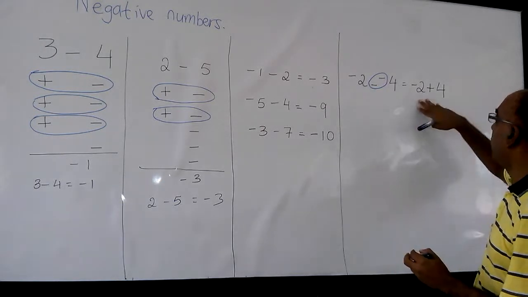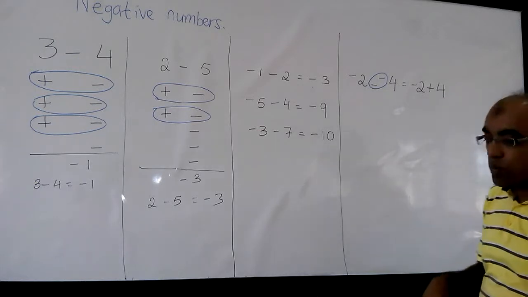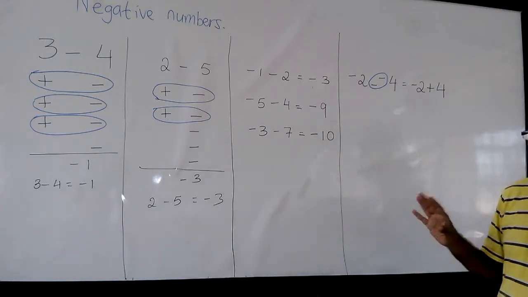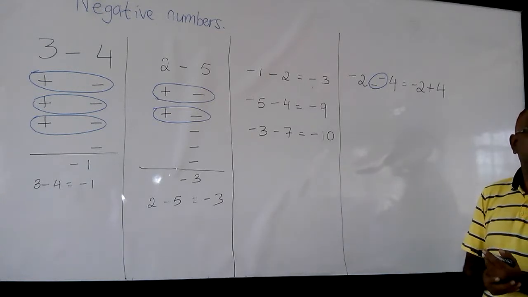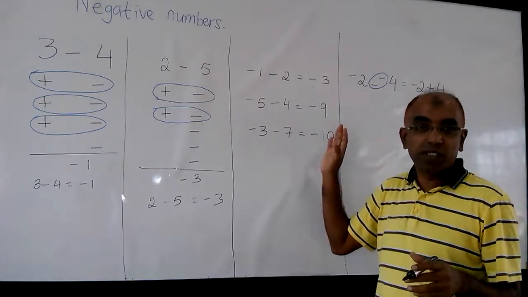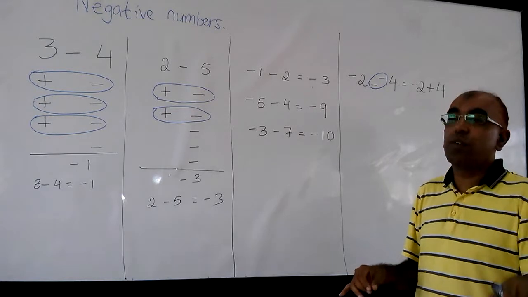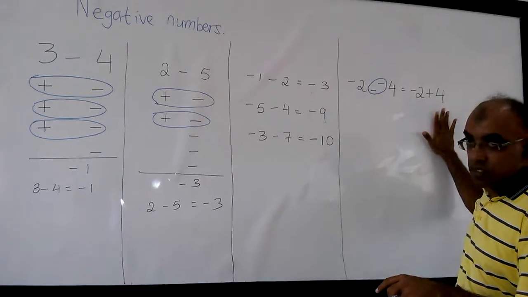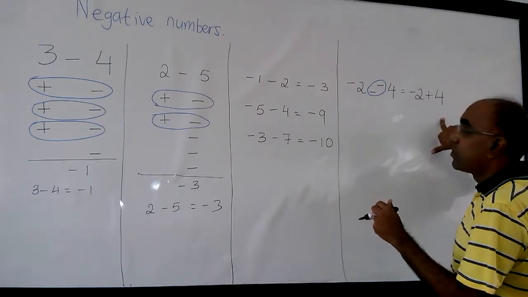Now, having done that, when we say -2 plus 4, we'll come with a small convention as we say ladies first. So ladies first would mean plus first. So in this case, I have -2 plus 4.